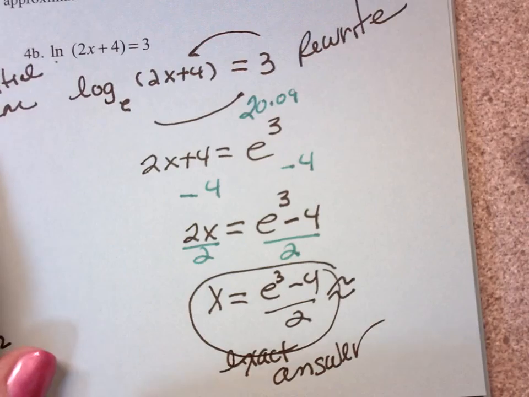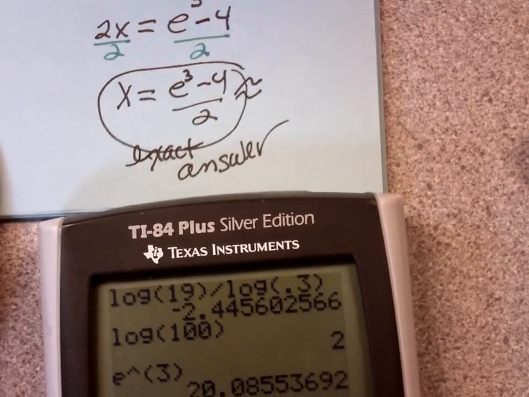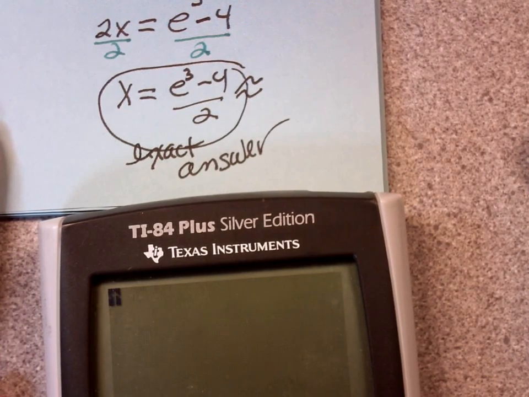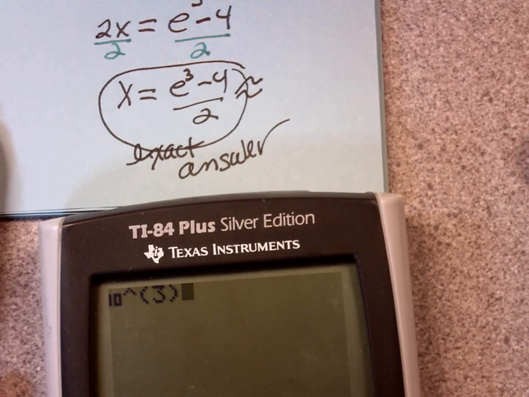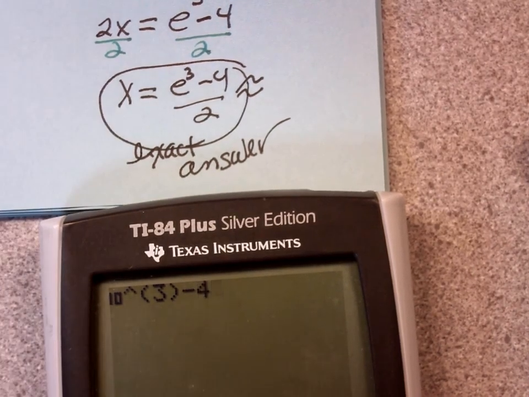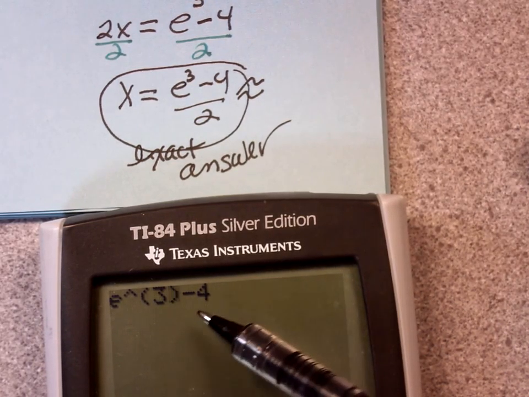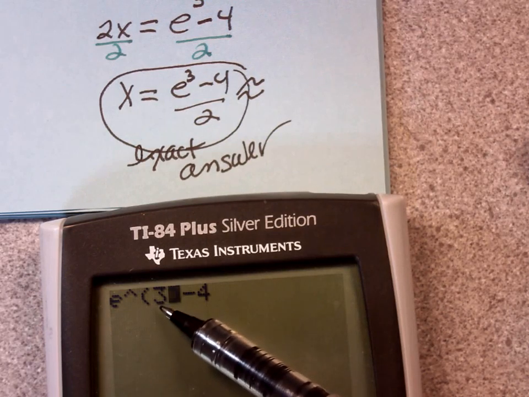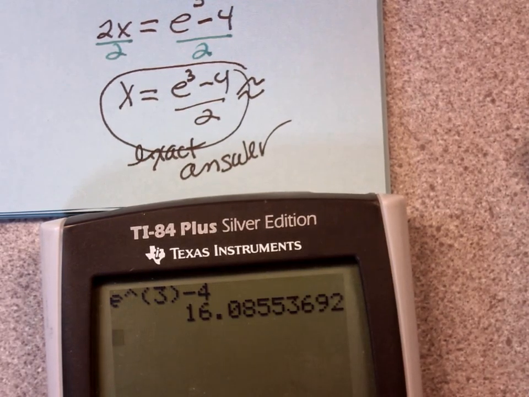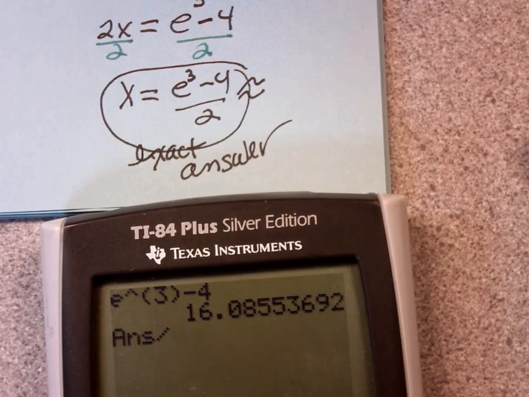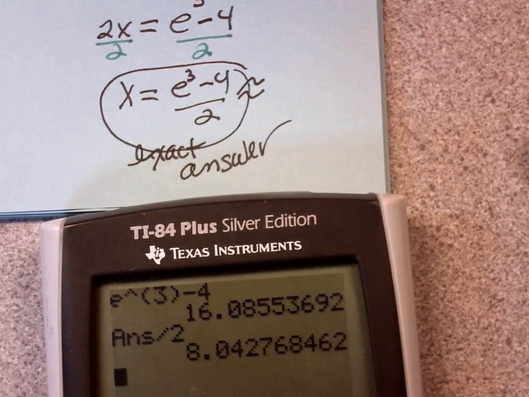How I would do that, I'm going to move this up so I have both at the same time here, is I'm going to take e cubed, I'm going to take the numerator, make sure I put my parentheses in, subtract 4. If I don't put the parentheses in, oops, I need e, not 10. If I don't put the parentheses in, that will then make that negative 4 part of that exponent. That's the numerator. Divide that by the denominator, which is 2, and then I would round.